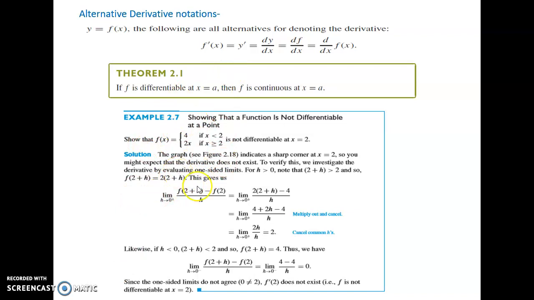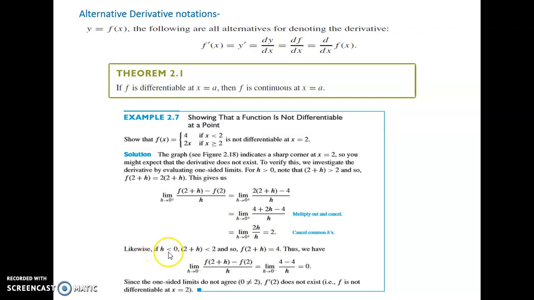So limit of, I use 2 times (2 plus h), the second function, because it is the greater value. I get 2 times 2, and then h cancels. You get 2. That is, the right limit is equal to 2.